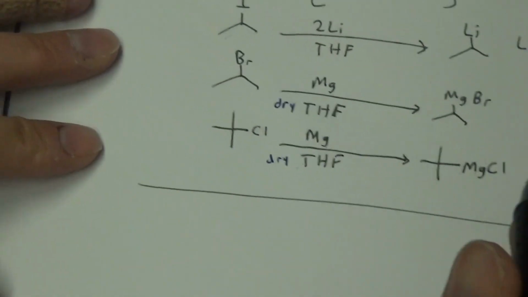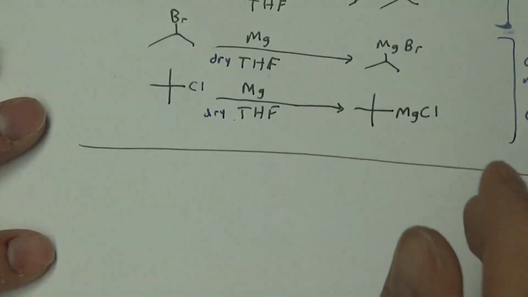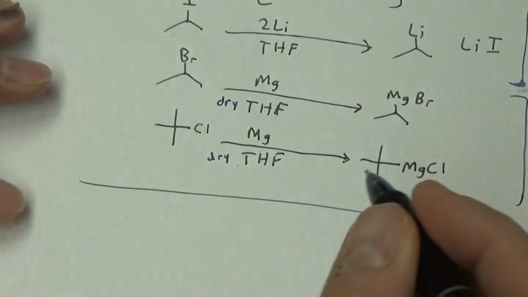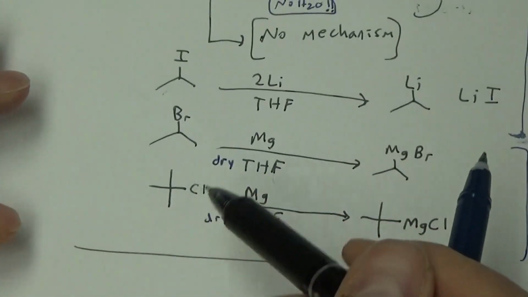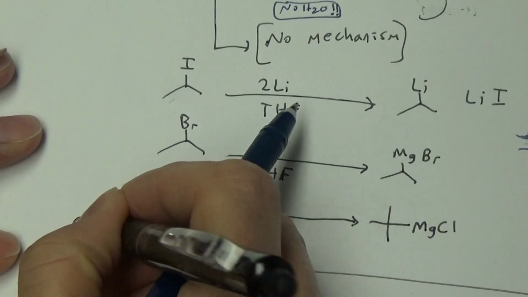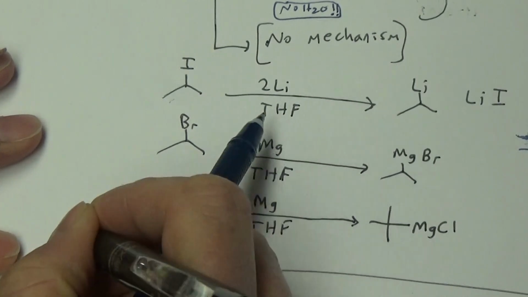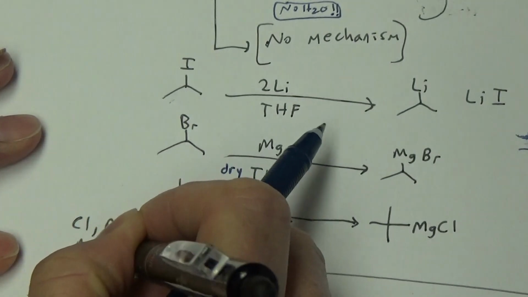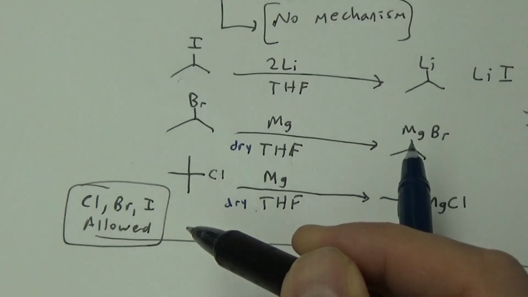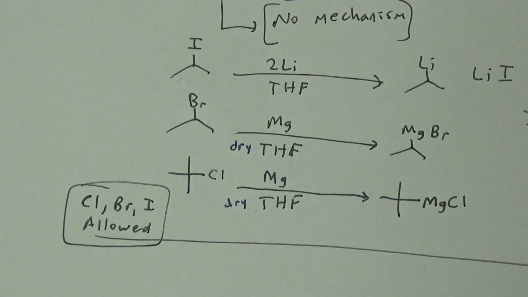Also, oh yeah, what halogens are allowed? Chloride, bromide, and iodide are allowed. Fluoride is typically weird, and fluoride does not do this.